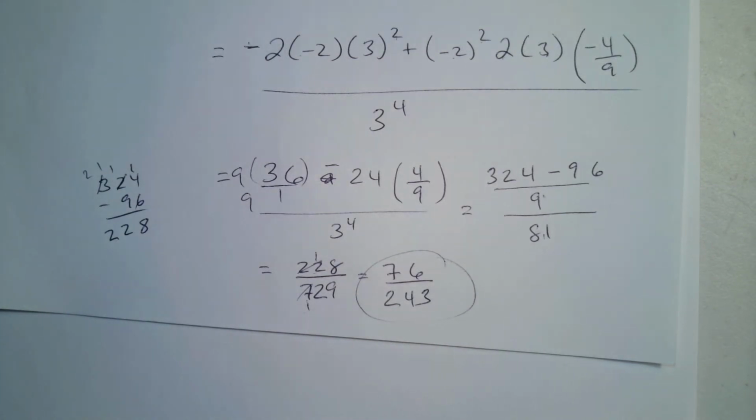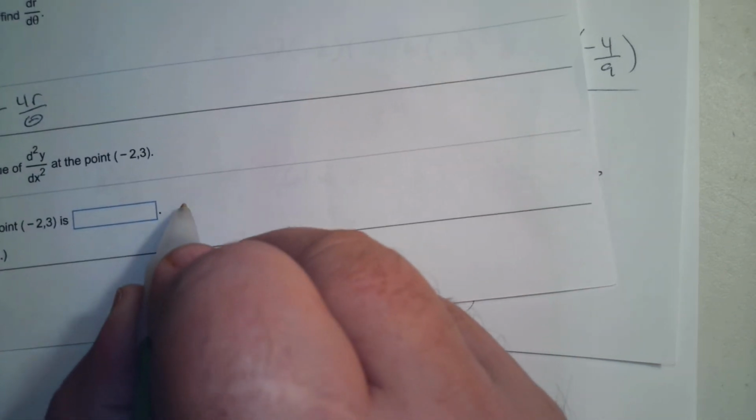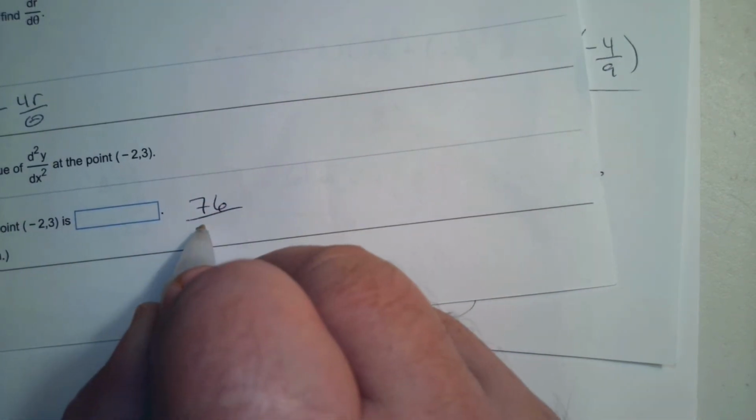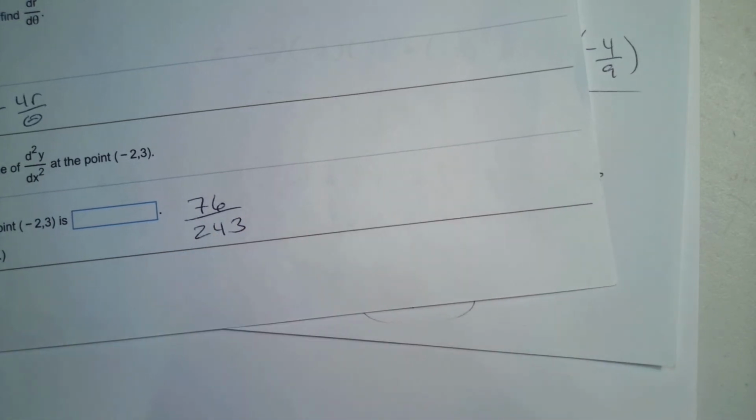And there's our answer, because it's not simplifiable any further. 76 over 243.